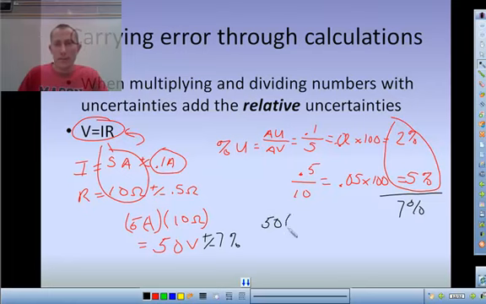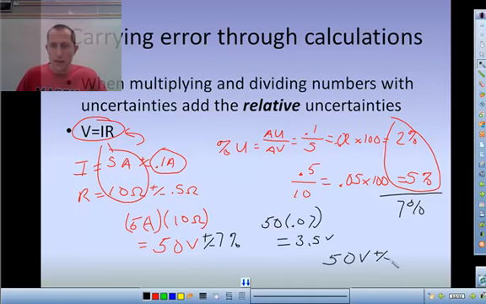So we're going to multiply 50 times 0.07, which is going to give us an absolute uncertainty of 3.5 volts. So we have, when it's all said and done, 50 volts plus or minus 3.5.